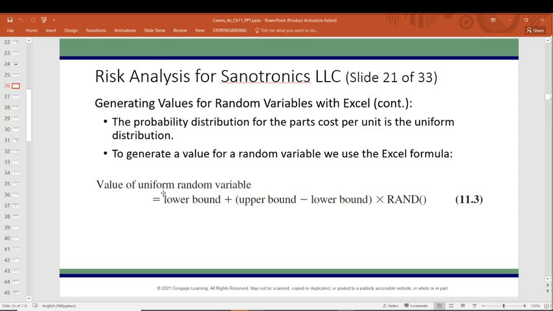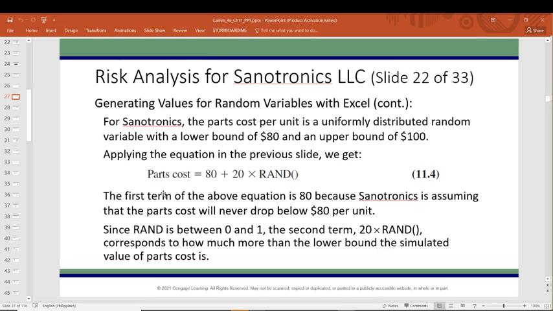For Sonatronics, the parts cost per unit is a uniformly distributed random variable with a lower bound of $80 and an upper bound of $100.